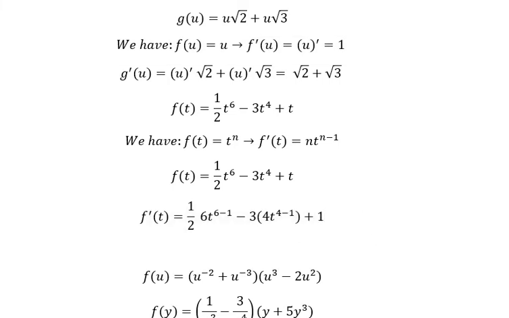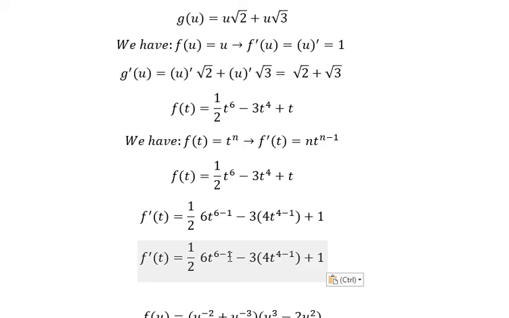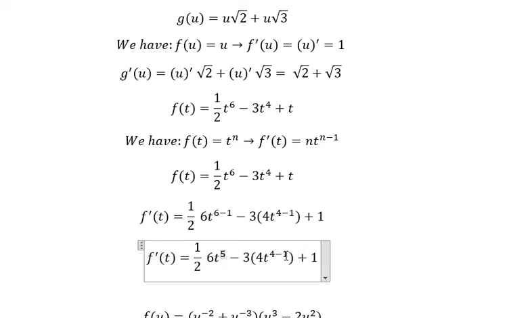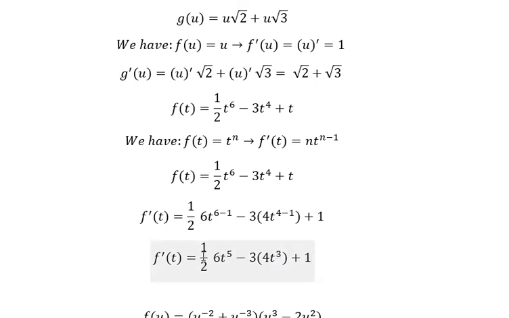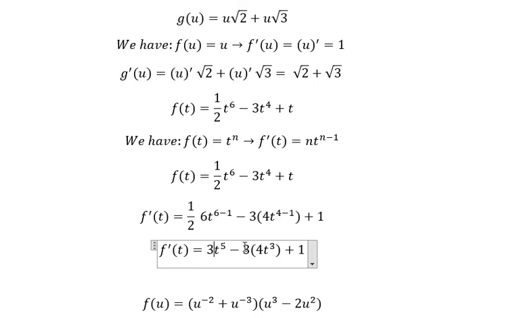Now we need to simplify. 6 minus 1 is about 5. 4 minus 1 is about 3. 6 divided by 2, we have 3. 3 with number 4 is about 12. And this is the final answer of the question in here.